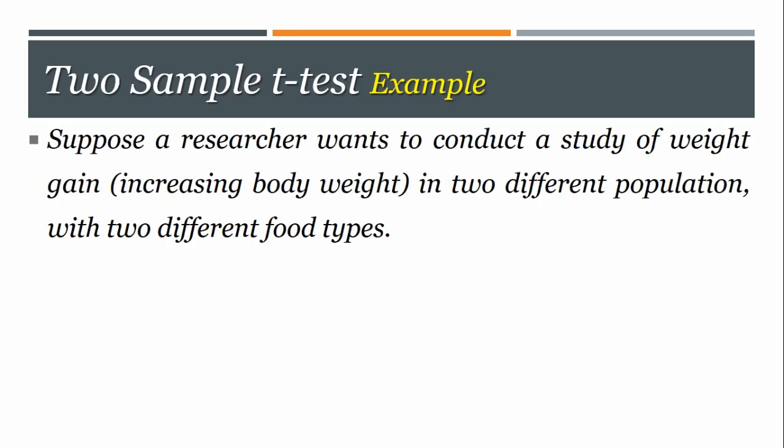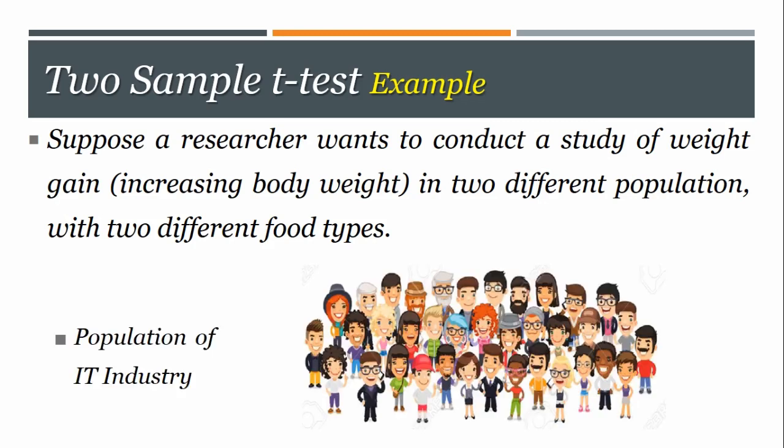Suppose a researcher wants to conduct a study of increase in body weight in two different populations with two different food types. That means here the researcher is including two different populations, and each population will be treated separately with different treatment conditions.